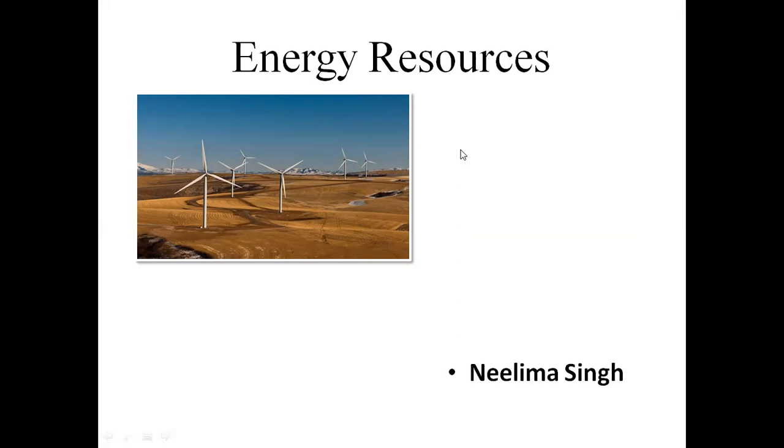And by studying all those four resources, we come to the conclusion that some of the resources were renewable resources, and some were non-renewable resources. Then we have studied recyclable resources and non-recyclable resources.